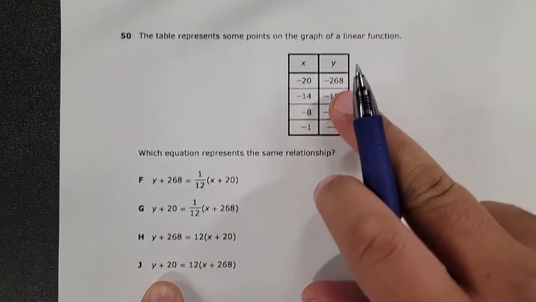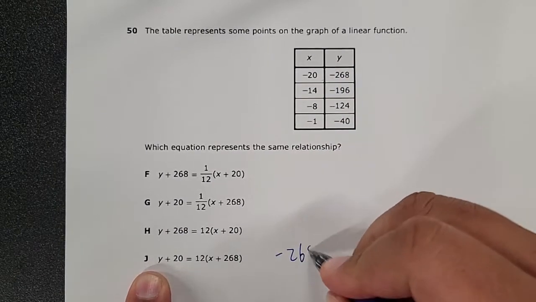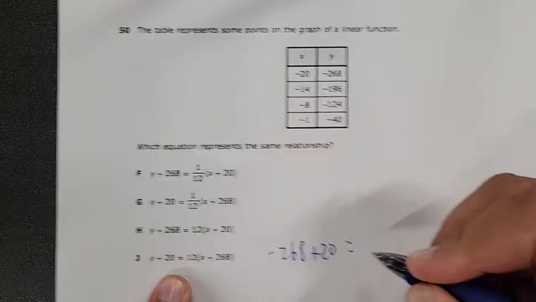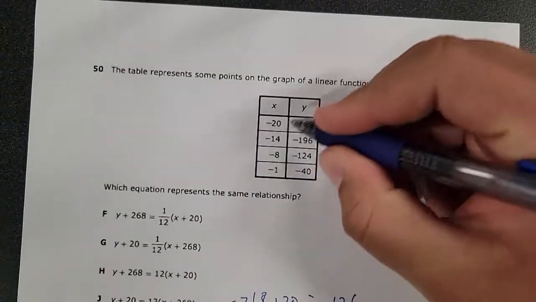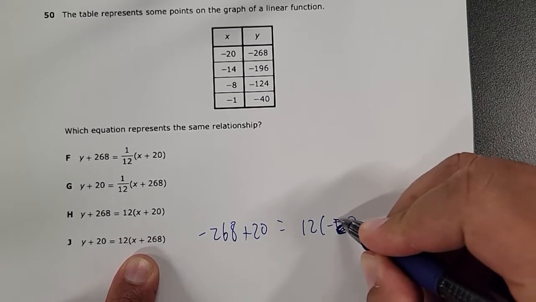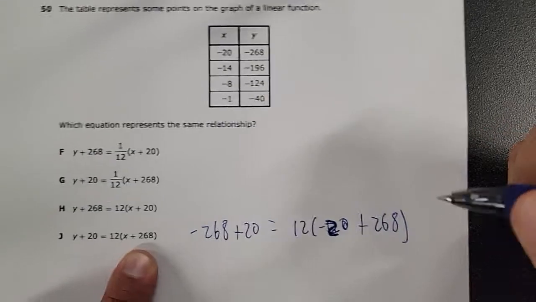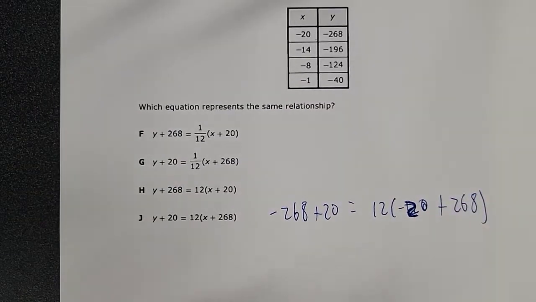Like watch. My y number, let's say I pick this y number. So negative 268 plus 20 equals 12(negative 20 plus 268). So I plug in this side in the calculator. Let me just do it really quick.